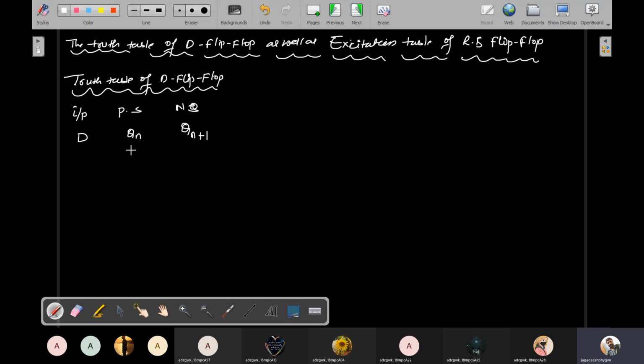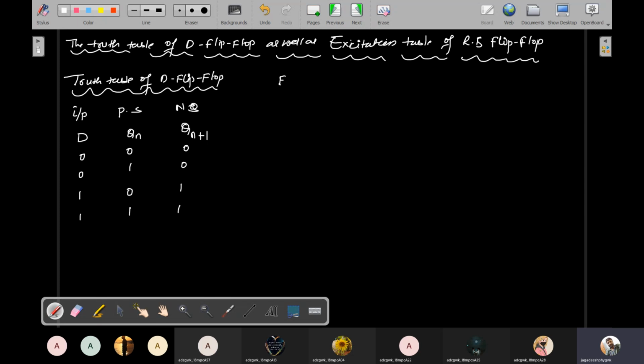So simply take the present state as 0 or 1. That's why you take two 0s and two 1s as the possible values of D input, and simply write 0 1 and 0 1, because we don't know the present state, whether it may be 0 or 1. So for D is 0, what are the next outputs? The next outputs are 0 0, the reset condition, and 1 1, the set condition.